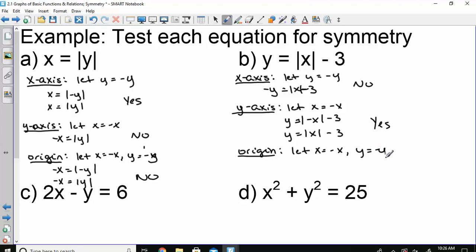For the origin, we do both. Now the negative inside my absolute value will go away, but the negative on my x will not. So that one is, again, a no. So this one was only symmetric to the y-axis.